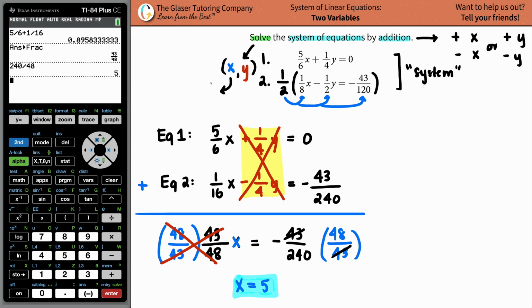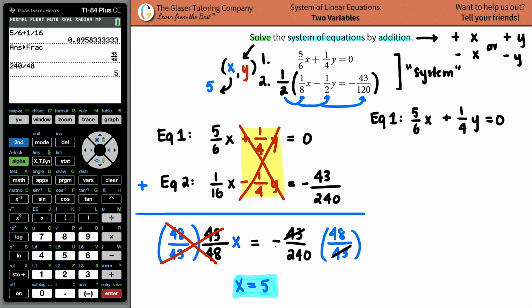Now, since we have that the x value is 5, go back and use whichever formula you want. It does not matter. Just pick the one that's easier for you. I don't want to do this 43 over 120 again, so maybe I'll just choose equation 1. Equation 1 was 5 over 6x plus 1/4 y equals 0.